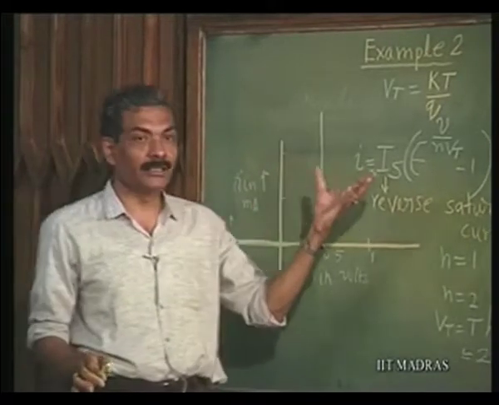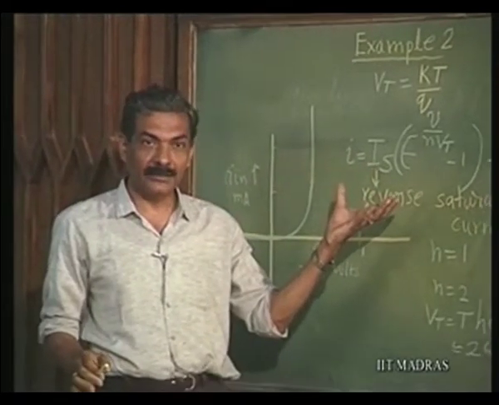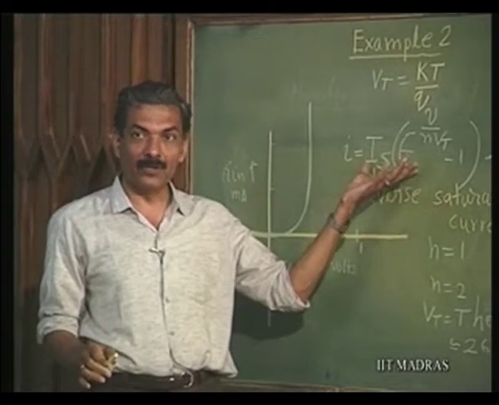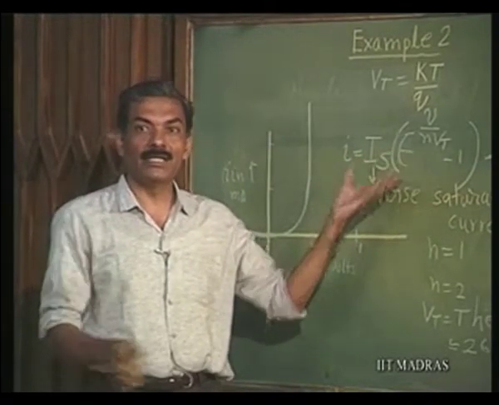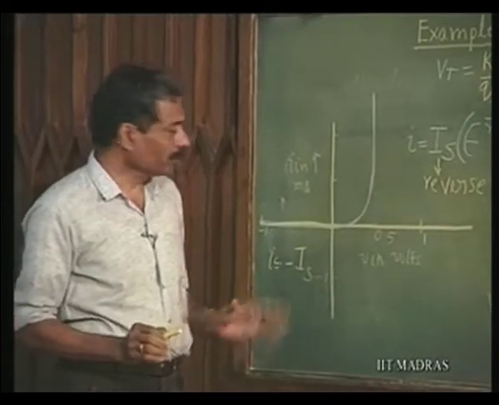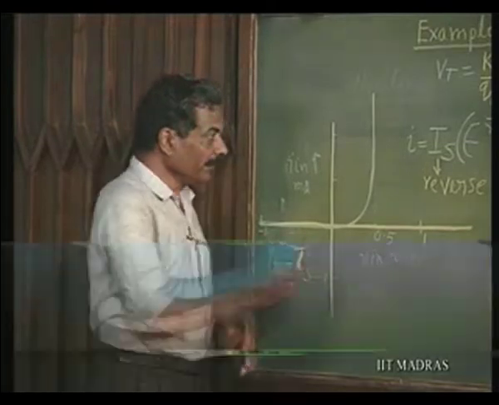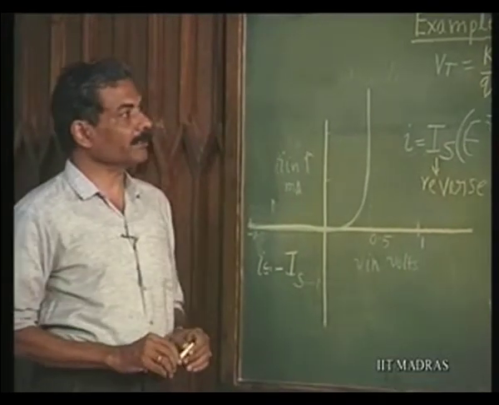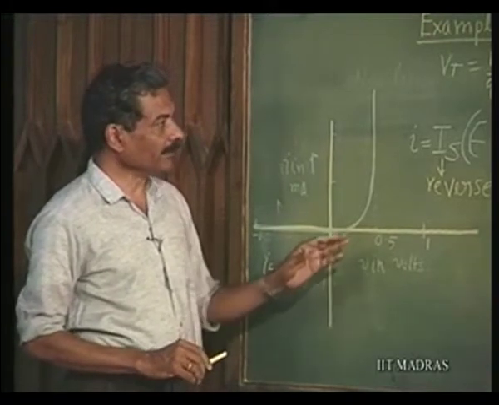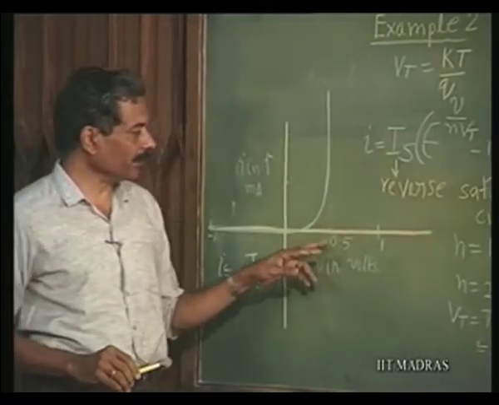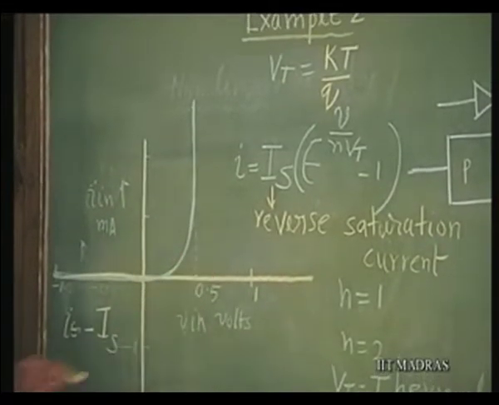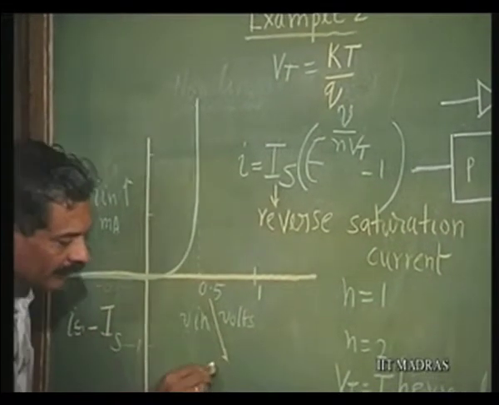This is a unique electronic device where the mathematical relationship is followed almost exactly over such wide variation in current. So, now in the forward direction, how is it closely representing our diode? We can say that as long as V is much greater than some value, that value is called the cut-in voltage.